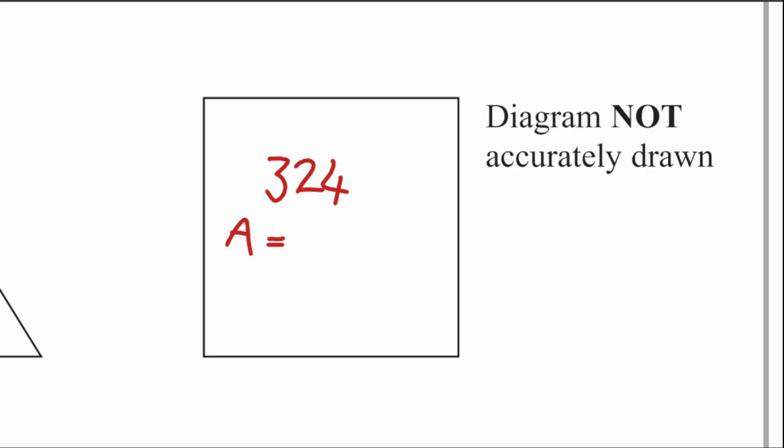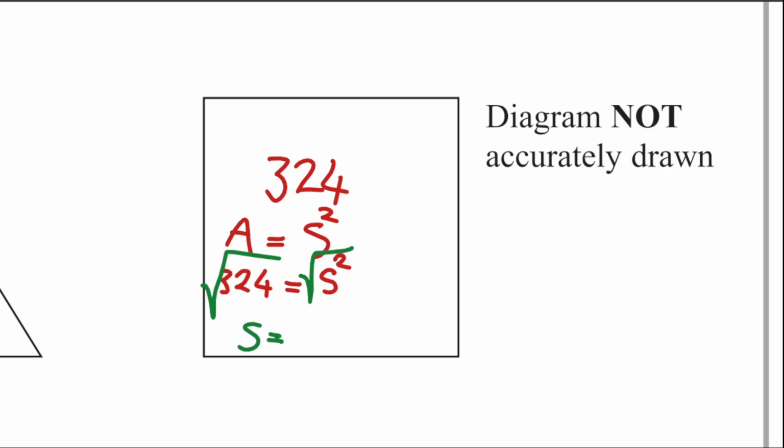The area of the square is just the side times itself, which is side squared. So we can say 324 is equal to the side squared. Now to find the side, you just do the square root of both sides. So the square root of this and the square root of that. The square root of the side squared is the side, and the square root of 324.